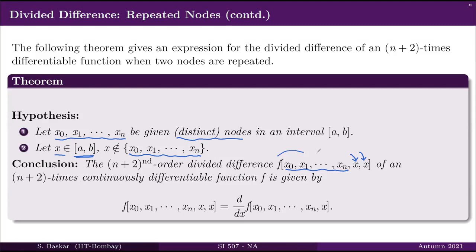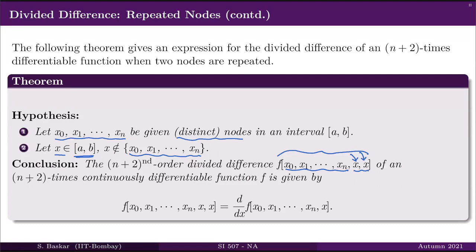Therefore, this divided difference is the n plus second order divided difference, because there are n plus 3 nodes. Well, one node is repeated twice, but still they are considered to be 2 nodes, not as one node. Therefore, it is an n plus second order divided difference.